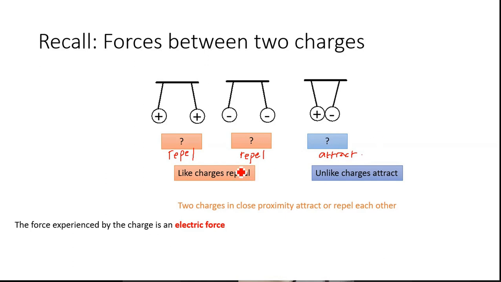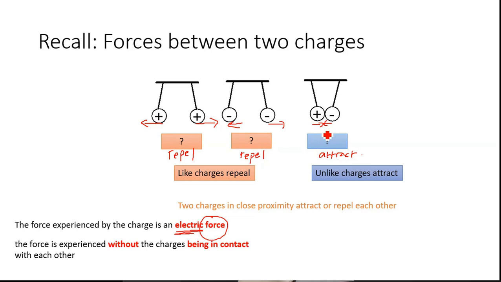Why do positive and positive repel? It is because of the presence of the electric force. This is the direction of the electric force. For negative and negative, it is the same as positive and positive. And this is the force for positive and negative.